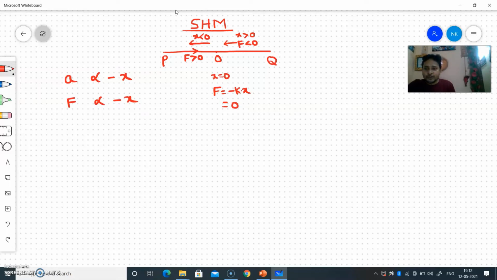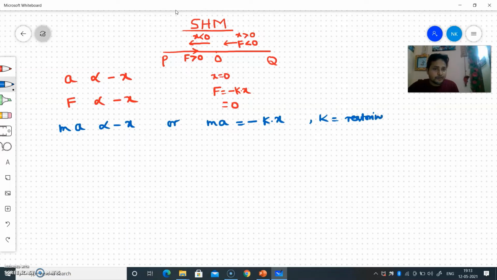From Newton's second law of motion, F equal to ma is proportional to minus x, or one can write ma is equal to minus kx, where k is the proportionality constant, known as the restoring force constant.